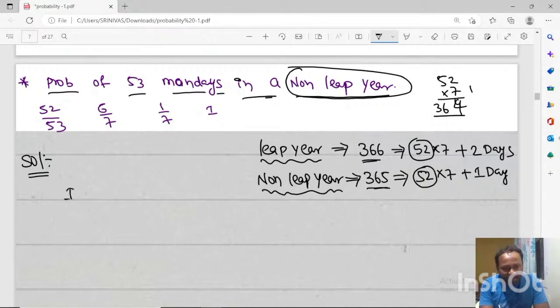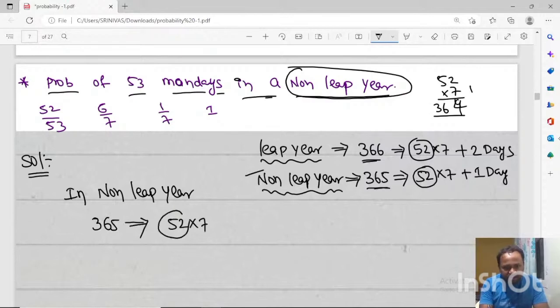So, in a non-leap year, total 365 days will be there. Among them, 52 weeks will be there, plus 1 day.